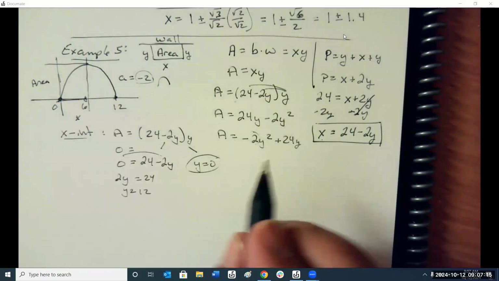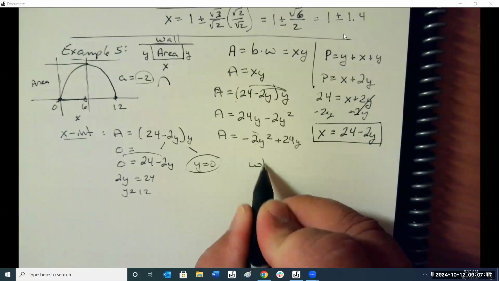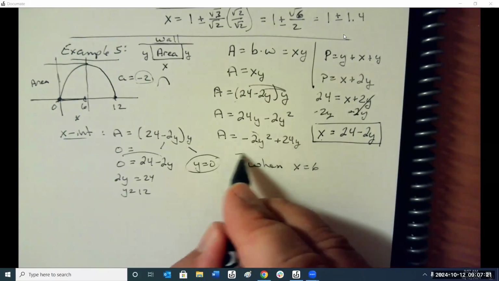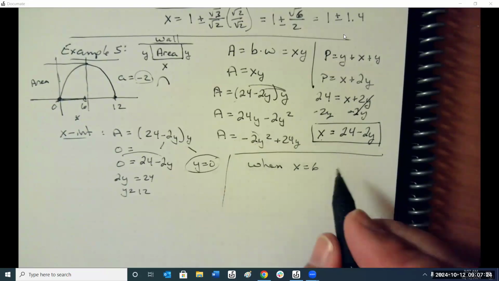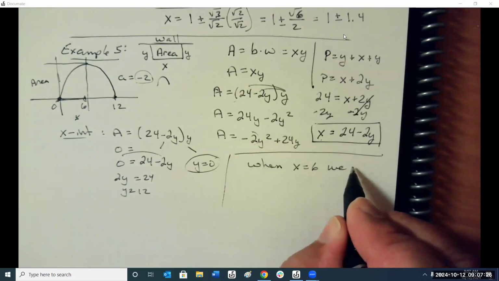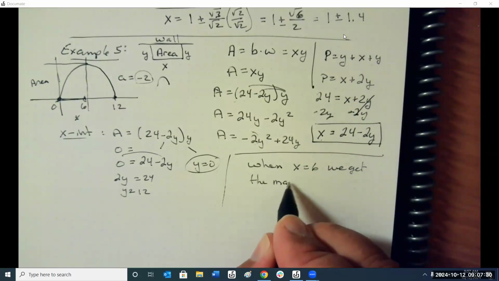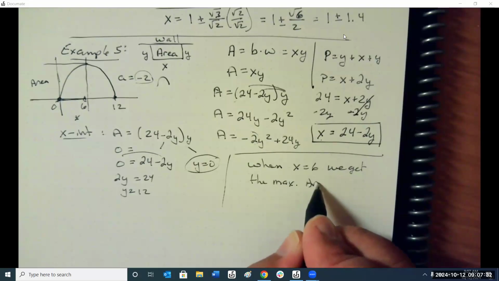So when the value is 6, we get the maximum area.